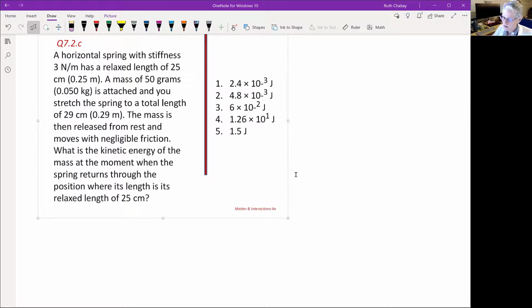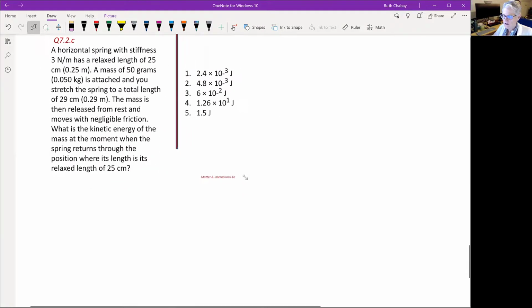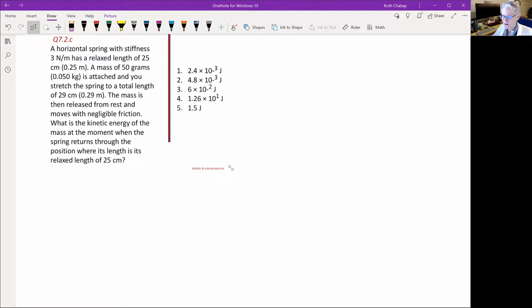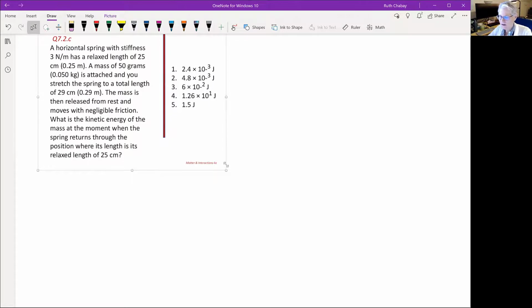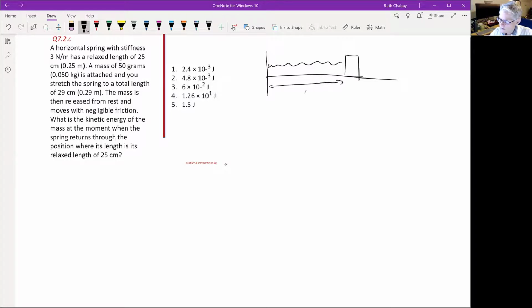But here's the problem. We have a horizontal spring. It's got stiffness of 3 newtons per meter. It's got a relaxed length of 0.25 meters. The mass attached to it is 50 grams. And so you stretch it out. So initially, this is 0.29 meters.